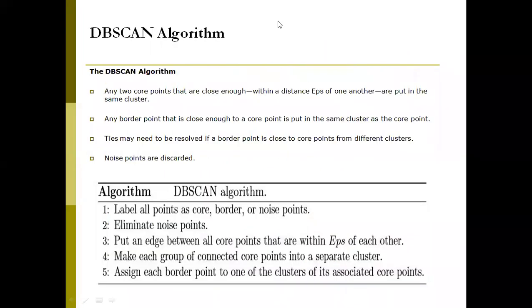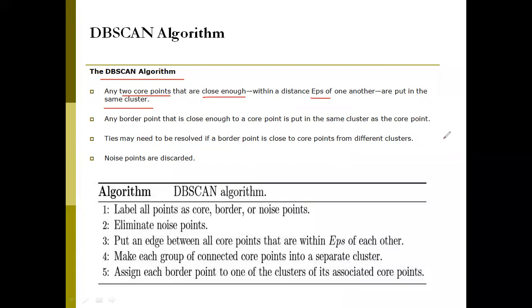And coming to the DBSCAN algorithm, any 2 core points that are close enough, within a distance EPS, epsilon, of one another are put in the same cluster.